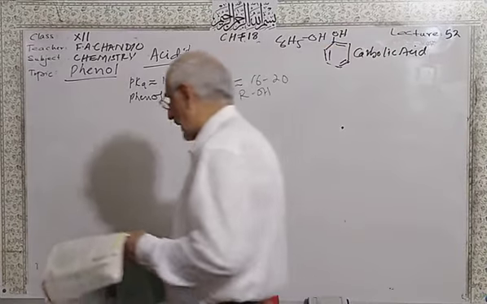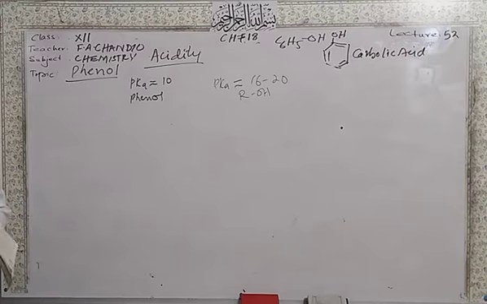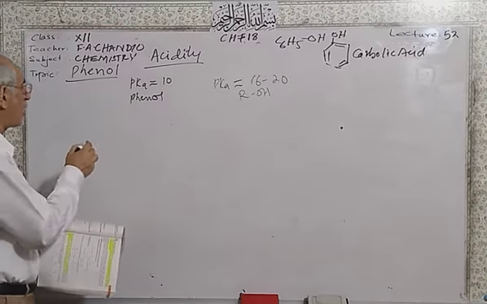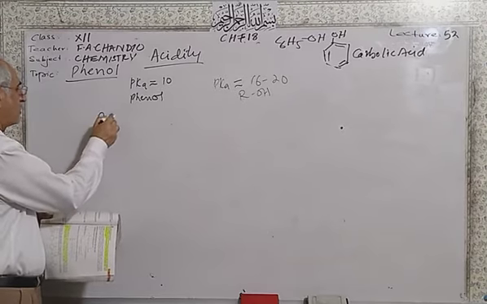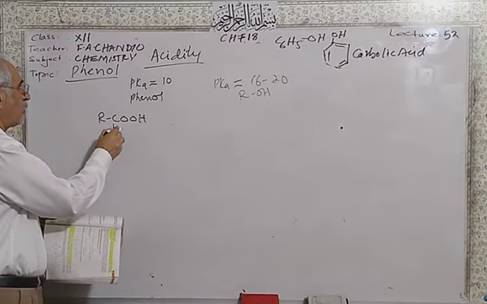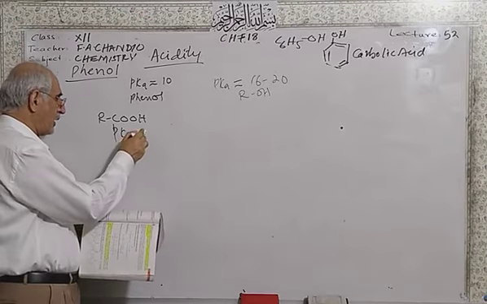The lower the value of pKa, the more acidic in nature. But phenol is going to be less acidic than carboxylic acid. The pKa value for carboxylic acid is about 5.